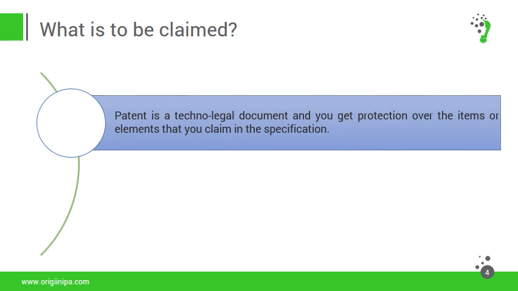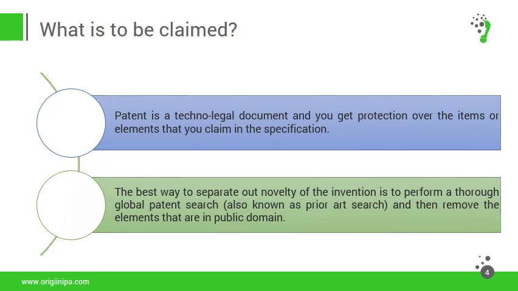Once you are clear about what to claim, the detailed description of the invention in patent specification revolves around such novel elements and helps you to fine-tune the invention as well as highlight the novelty of the invention. The best way to identify novelty of the invention is to perform a thorough global patent search known as a prior art search and assess novelty of the invention by comparing it with existing prior art.